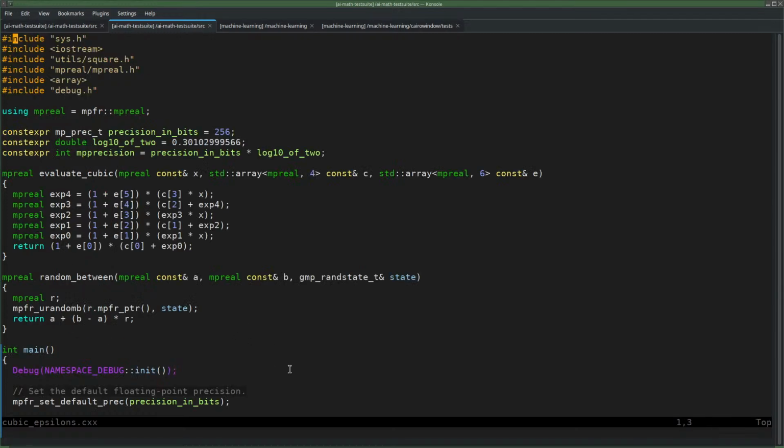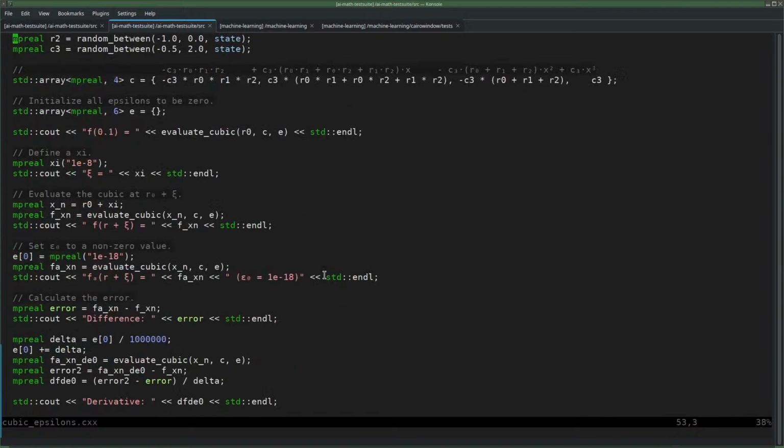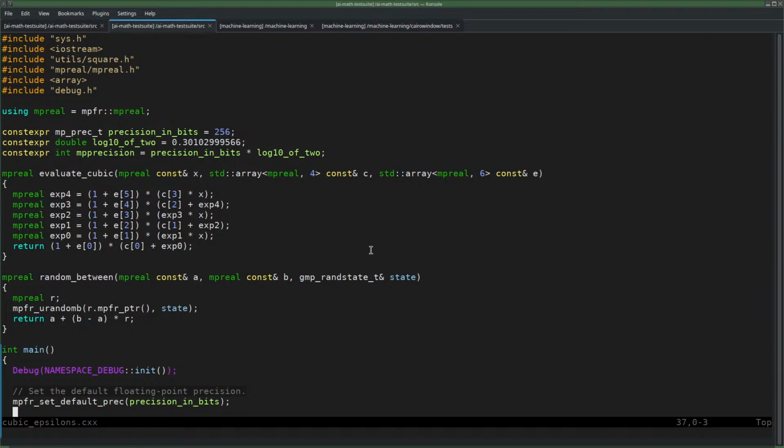We want to calculate the cubic, and I'm going to do that by taking coefficient 3 and multiplying that with x. And then we add coefficient 2. And the result of that is multiplied with x again. And then we add C1, and then we multiply it with x again. And then we add C0. Yeah, and that's the way you calculate a cubic.